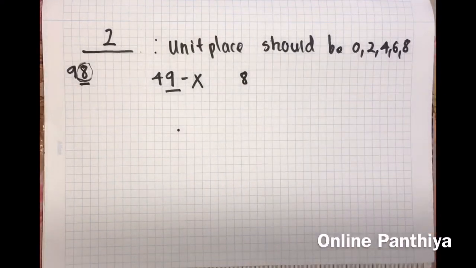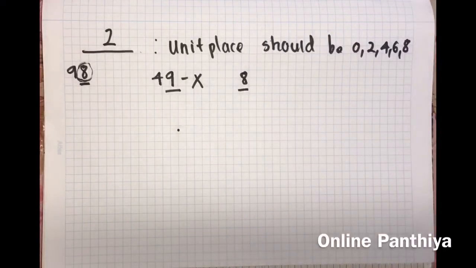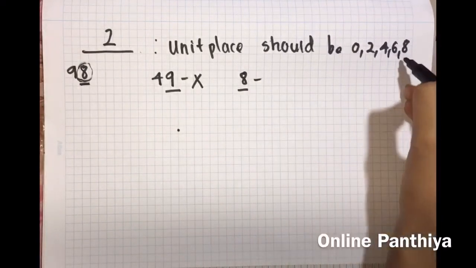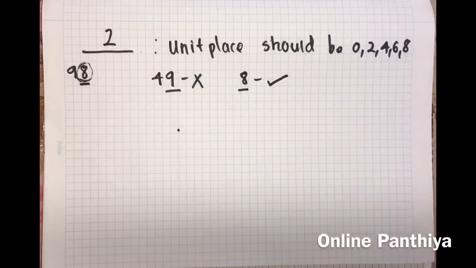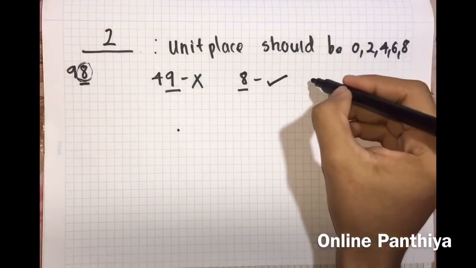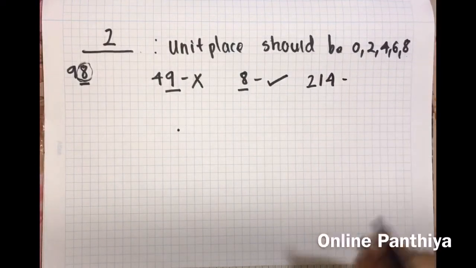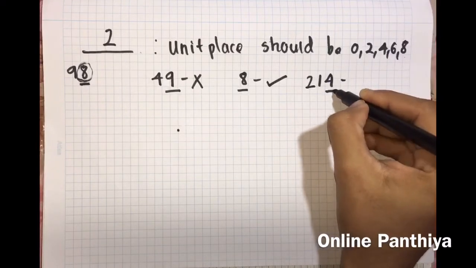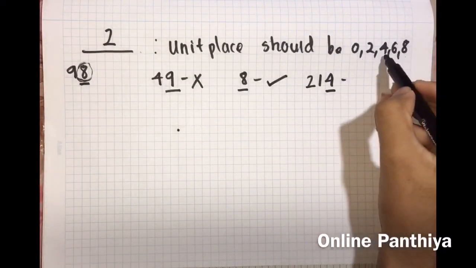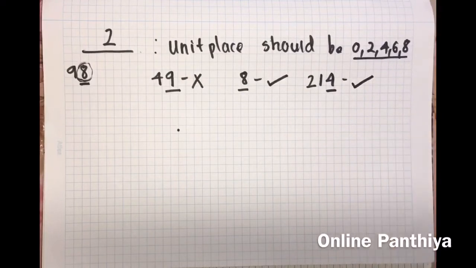Since you have only one number, this is the number at the unit place. Yes, you have 8 here, so this is divisible by 2. Clear? Let me go for a bigger example. 214. How do you check? You have to check the number at the unit place, which is 4. So yes, it is divisible by 2.